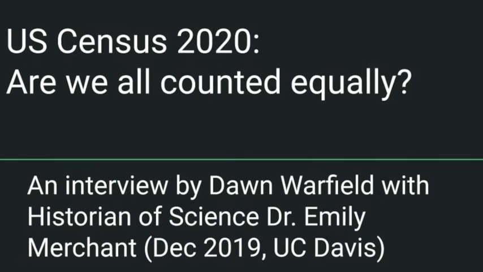People who are more likely to be undercounted are certainly people who are poorer and who are non-white, but also anyone who does not have a standard address, because the census is done through the mail, or who moves frequently or has moved recently.